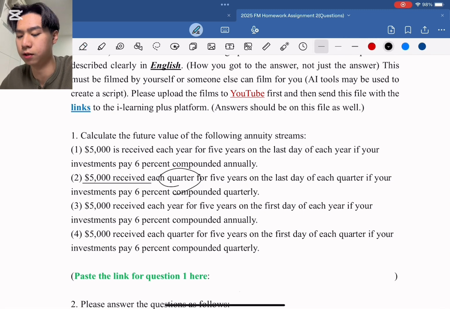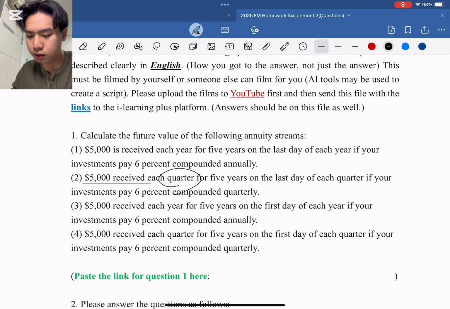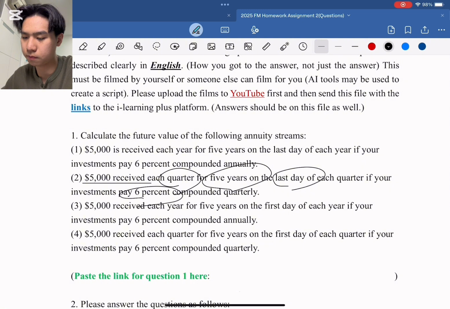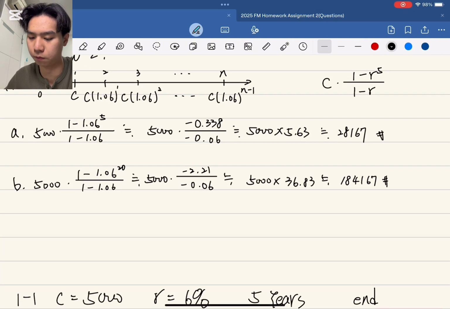We can receive 5,000 each quarter, and the interest rate is 6%. Let's say 5 years. Okay, we have a lot of information, and we can tidy it up.